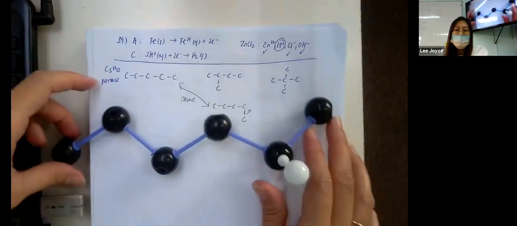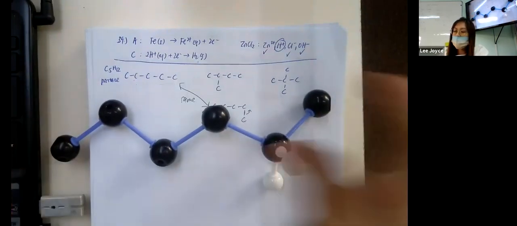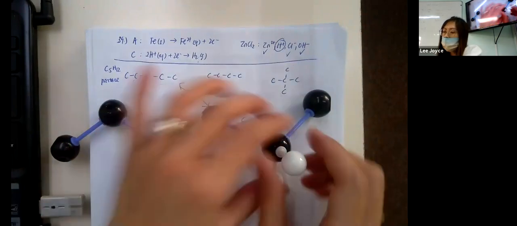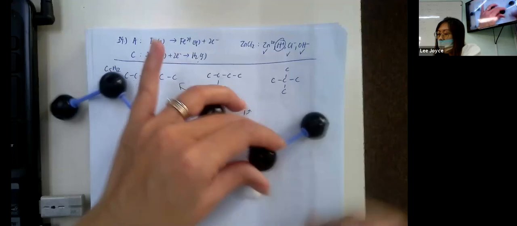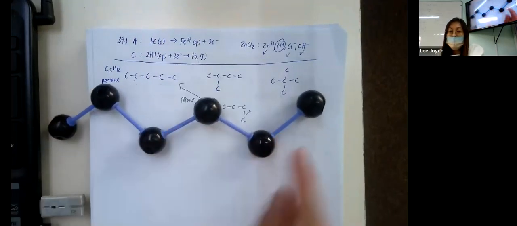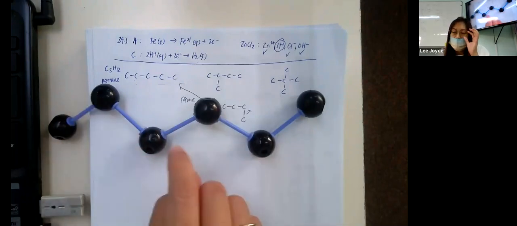You can see this is a 5-carbon chain. I didn't put in all the hydrogens. The black ones are the carbon atoms and the white ones are the hydrogen atoms. In a straight chain, it goes like this, zigzag. But on paper, we don't need to draw the zigzag chain, we just draw a straight chain.